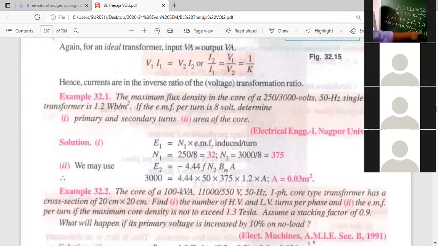We have to calculate the area. Unit of area is meter square. It is 0.029, which is approximately 0.03 meter square.